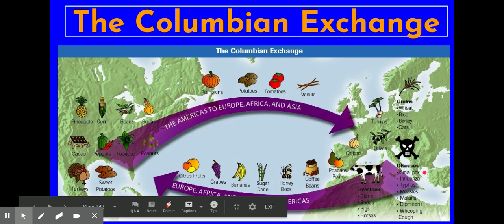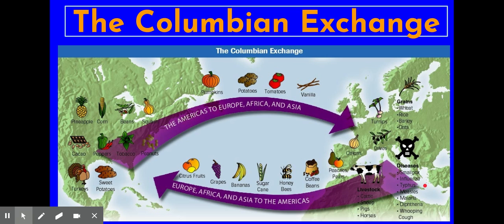The diseases: smallpox, influenza, typhus, measles, etc. They are going to wipe out millions of Native American people. Now, it was not always intentional that they wanted to bring these germs, and it wasn't always a trade saying, hey, you give me some pumpkins and I'll give you malaria. It was more an unintentional result that happened. Okay.